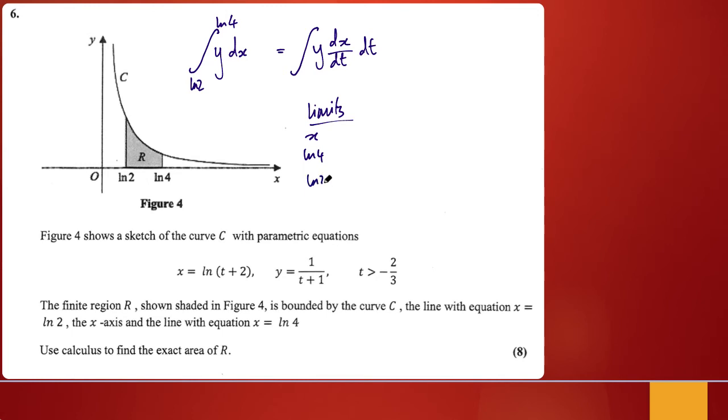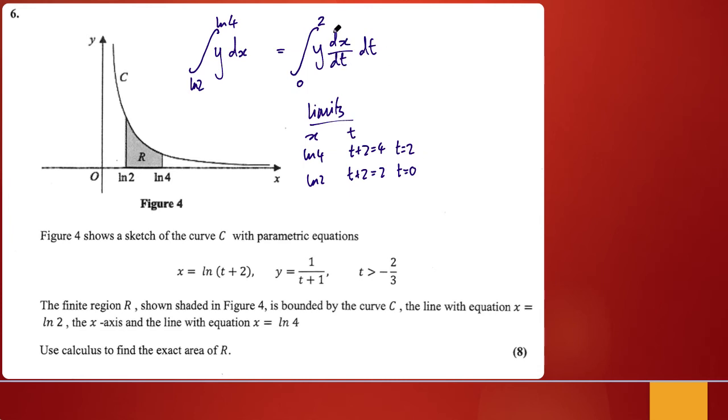Since ln of (t plus 2) equals x, t plus 2 equals 4 for this one, therefore t equals 2. And for this one, t plus 2 equals 2, because it's ln of each, therefore t equals 0. So I can put those limits there, 0 to 2.